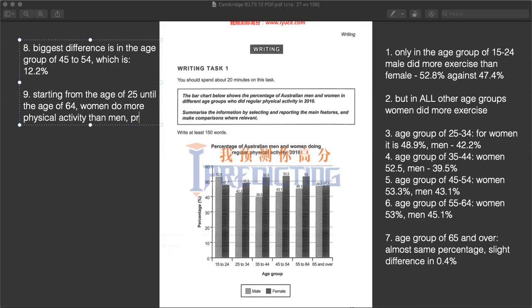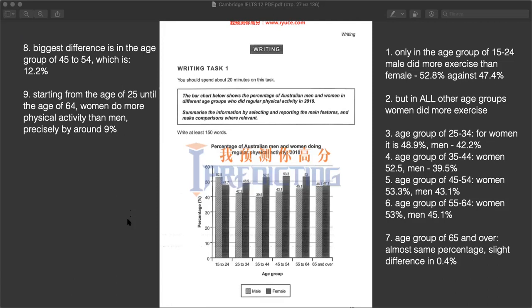To be more precise, I mean the difference, they do more physical activity precisely by, let's see, 6% here, 12, 10, and what is here, 8, 2, precisely by around 9%. 9 because it's like an average, okay? Precisely by around 9%.